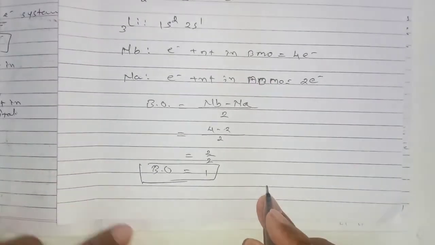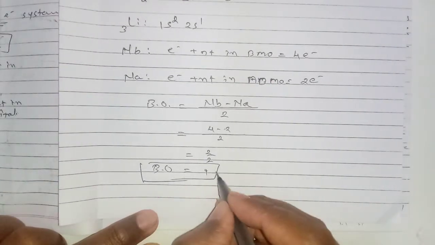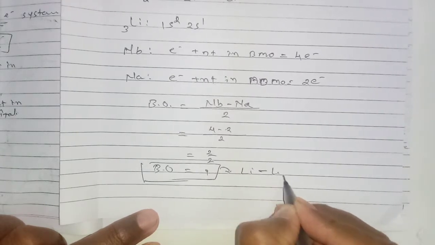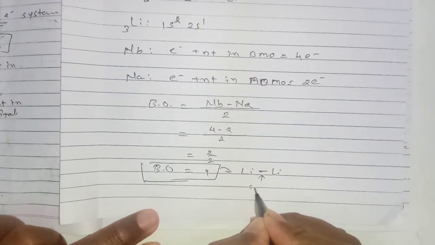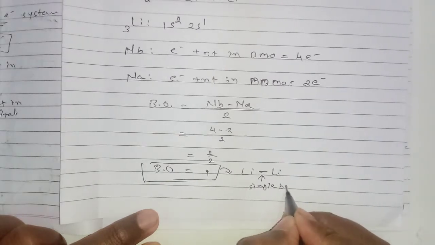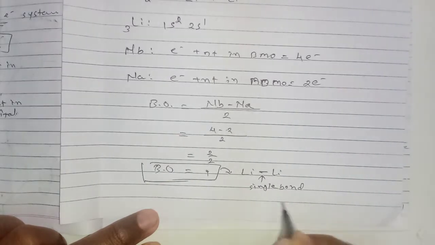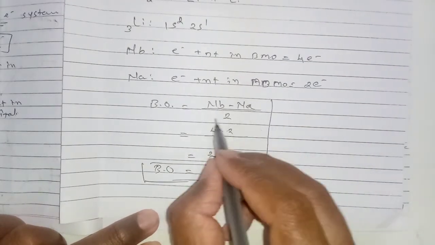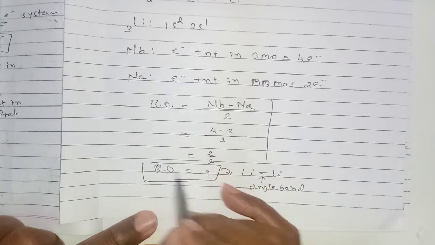According to the bond order of 1, there is a single bond between two lithium atoms. The second thing is whether the molecule is stable or unstable.